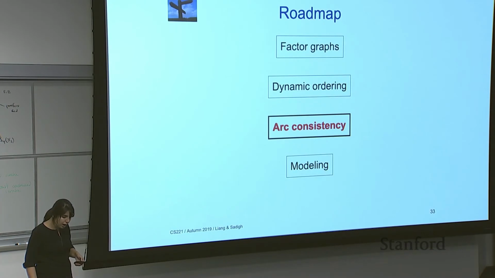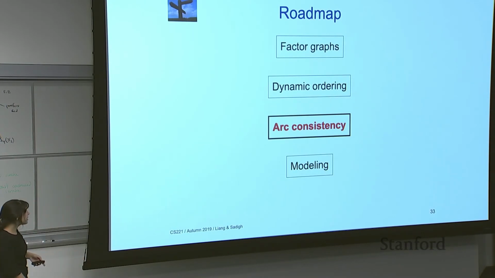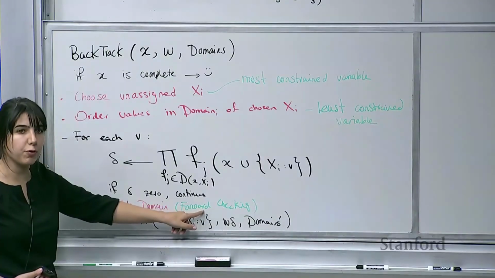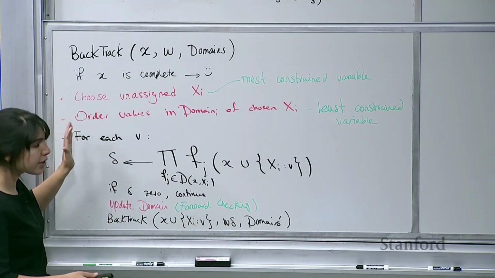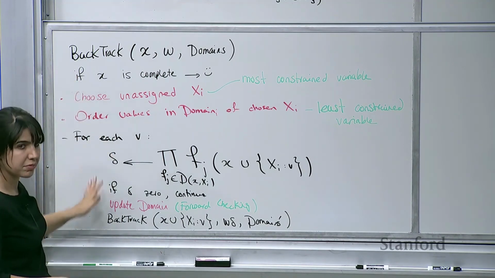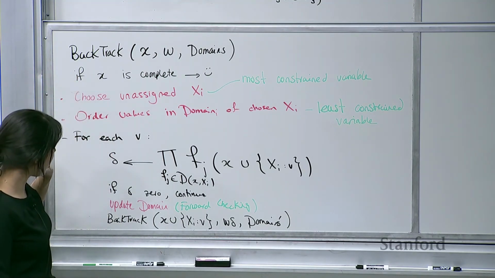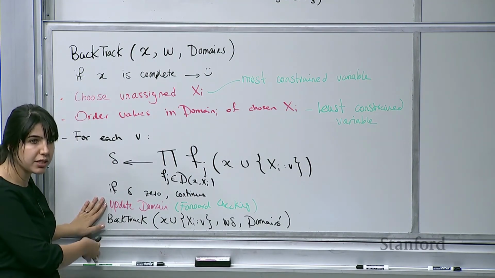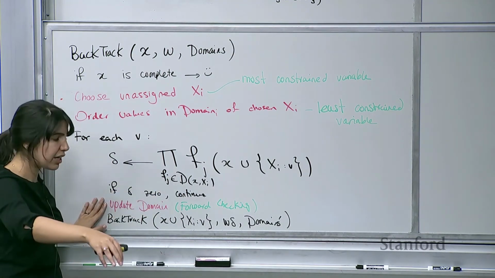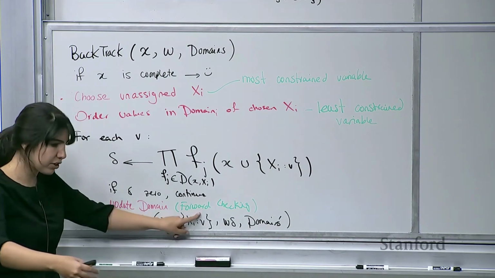Now I want to spend a little bit of time talking about arc consistency. Arc consistency is just a fancier way of doing forward checking. We talked about the heuristic for this one and the heuristic for this one. The only algorithm we are talking about today is this. In this algorithm, we have to update the domain. The way we have been updating the domain is by looking at the neighbors and using forward checking.